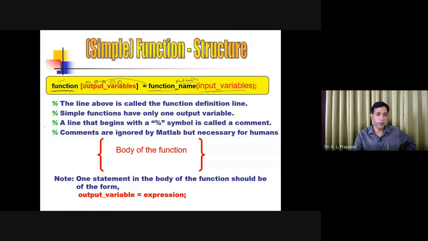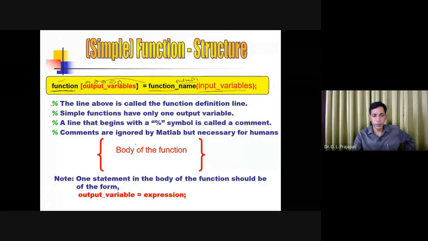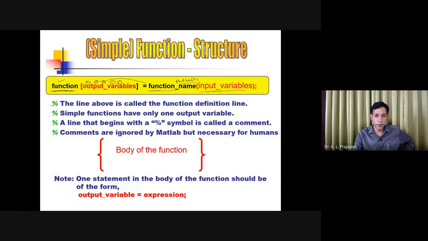Now you know these things. This is the percentage sign, you know, the comment sign. This is the function definition, and after that you have to write the set of commands here, just like you have written in a script file.